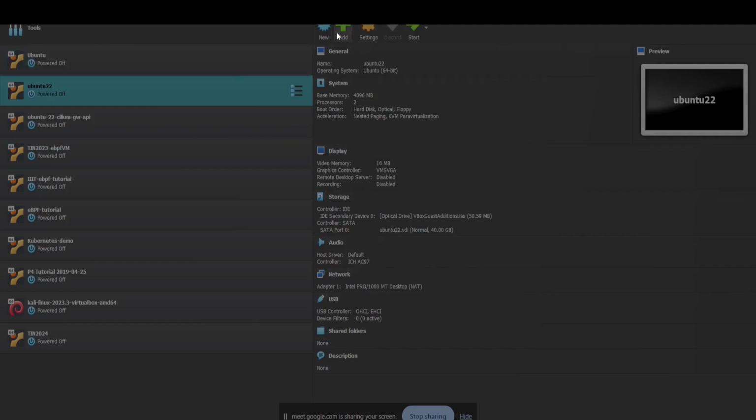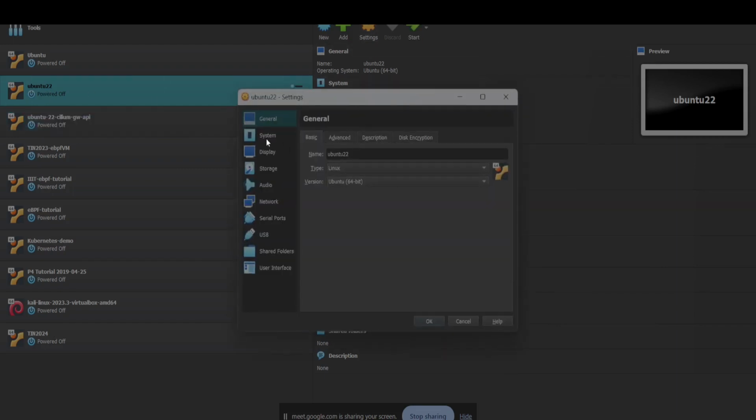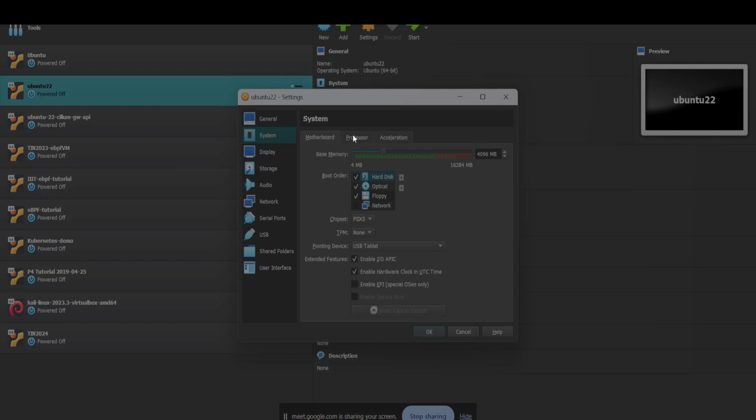So if you can see here the settings of the machine. When I am bringing up this machine, if you go and see in the settings, you can see how much memory, the advanced system, how many processors I have asked for. I have asked to take one processor, and we can change that.